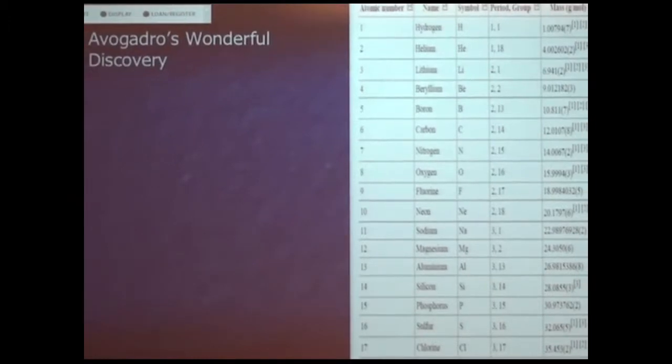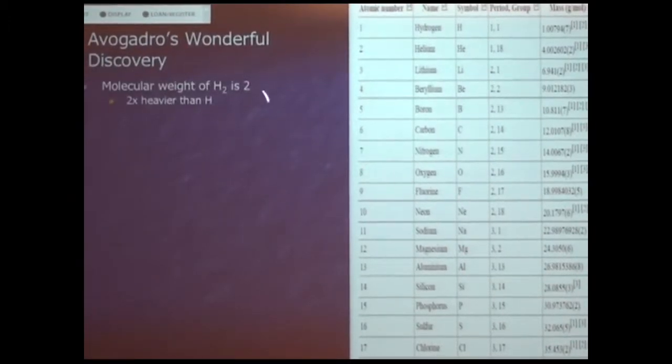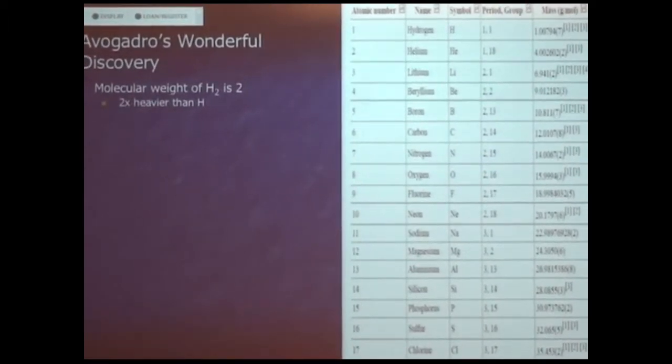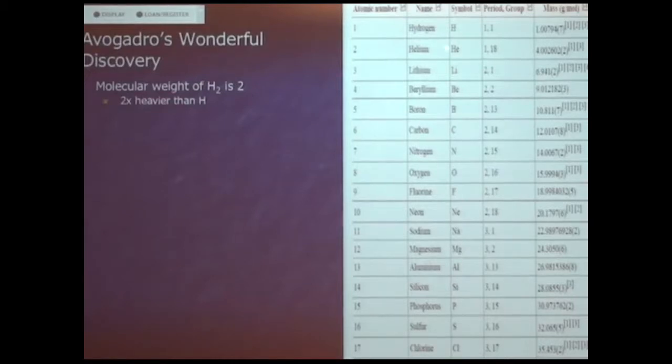And his discovery was based on the idea that if you have a molecule of hydrogen, then if you have this table of atomic weights where you're comparing how heavy the atoms of the different elements are relative to the atom of hydrogen. So the atom of helium is 4 times heavier than the atom of hydrogen, which means that since the molecule of hydrogen is H2, the molecule of hydrogen has a molecular weight of 2, because there are 2 of these guys.